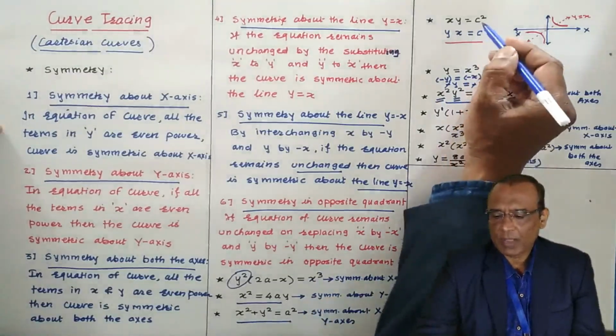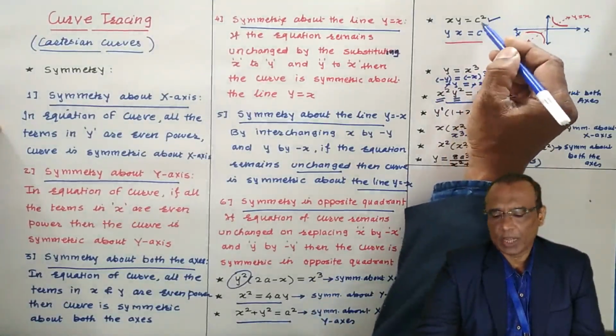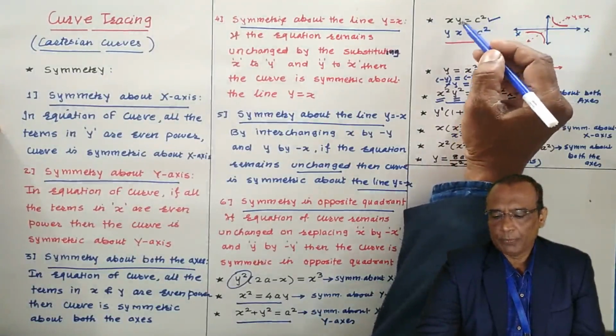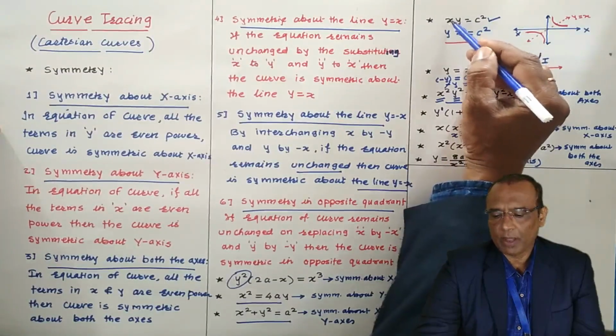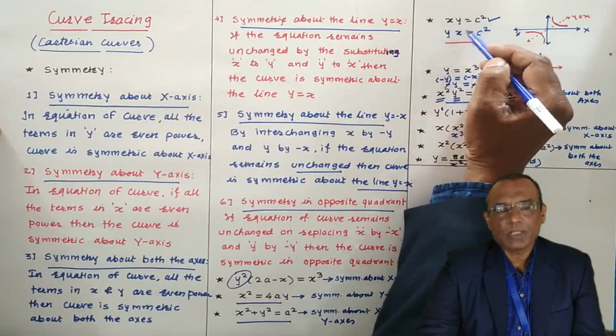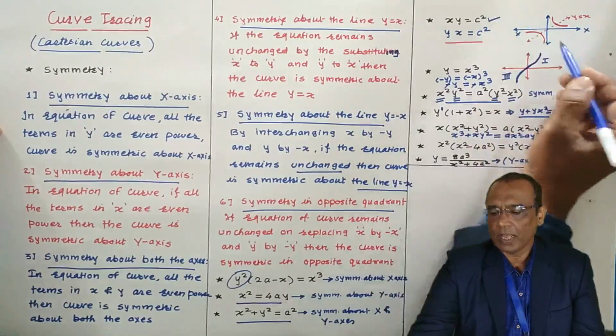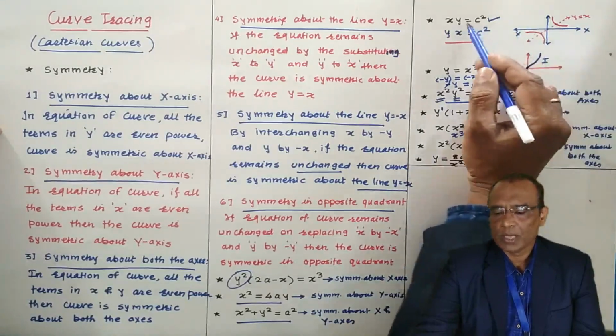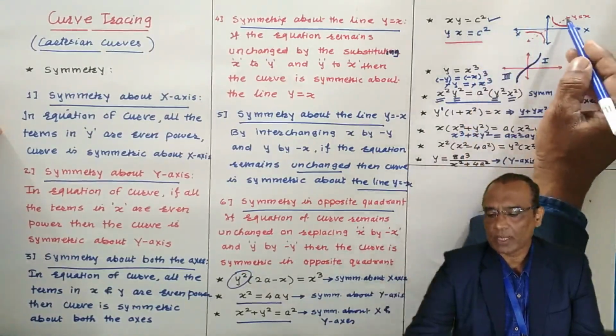The next curve, xy equal to c squared, is the rectangular hyperbola. Here, if you replace x by y and y by x, then the equation of the curve remains the same. Therefore, this curve is symmetric about the line y equal to x.